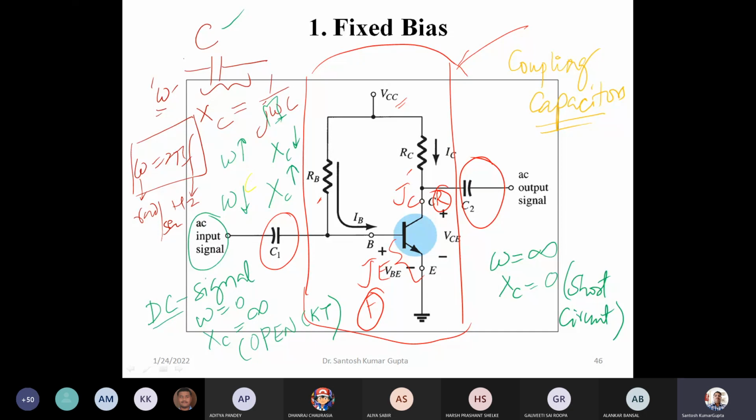So we can also call the capacitor a DC blocking element, whereas it passes the AC signals through it. So for AC signals, it appears as if it is not present, or if it is present, then it is offering a very small resistance to the path.